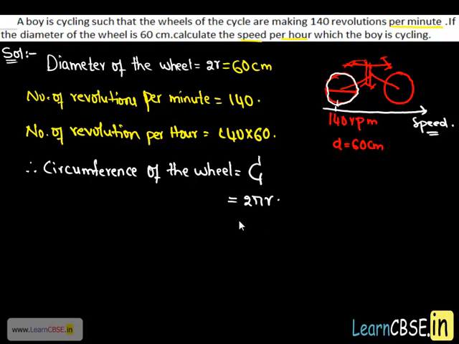We know the value of pi, which is 22 upon 7. The value of 2r is 60 centimeters. Multiplying the numerators, the product of 22 and 60 is 1320, which is divided by 7. This is the circumference of the wheel.